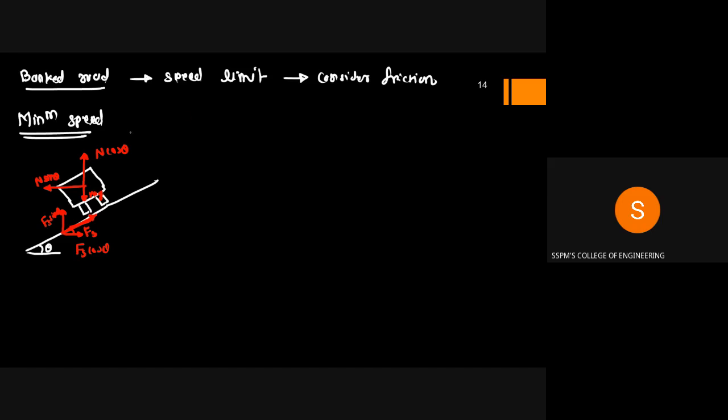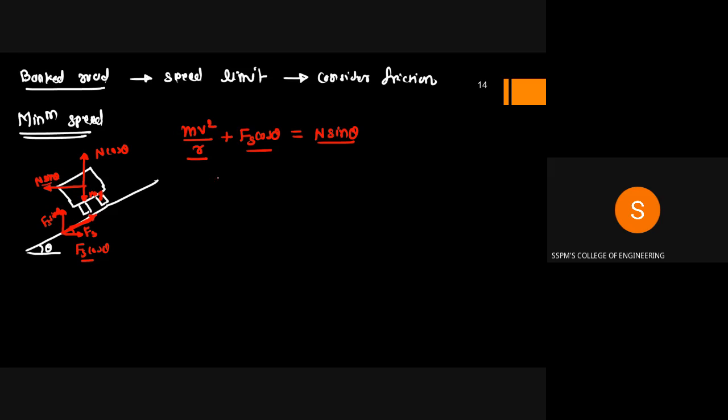So at the minimum speed, we have the equation: centrifugal force, which is mv square upon r, plus Fs cos theta, is equal to n sin theta. Okay. So this is the equilibrium equation. This is the centrifugal force, then Fs cos theta, which is the friction, and n sin theta acting in the negative x direction.